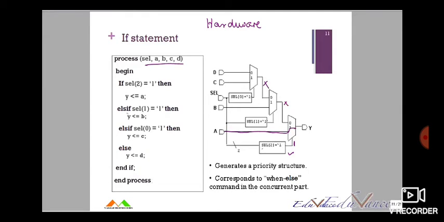Similarly, if this is 0, that is the other else if condition. So this else if condition will only be evaluated if this is not true. So if this is not true, that means select 2 is 0. If select 2 is 0 and select 1 is 1, then your y will be b.